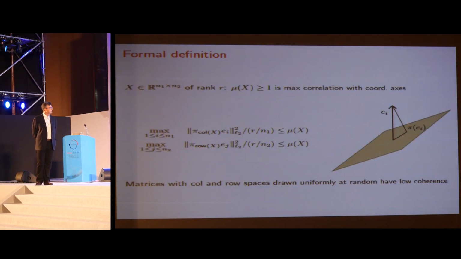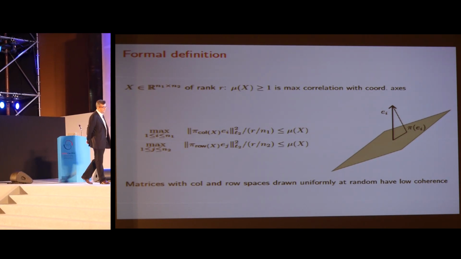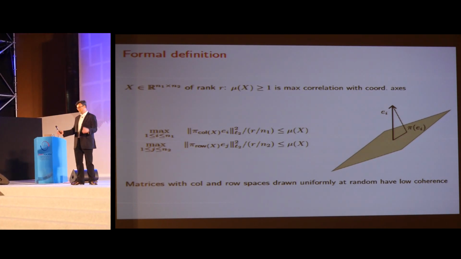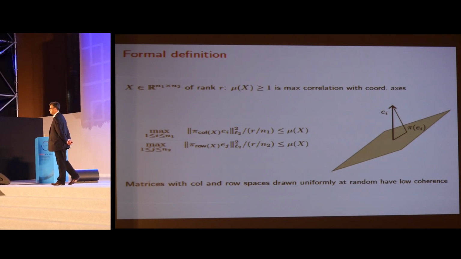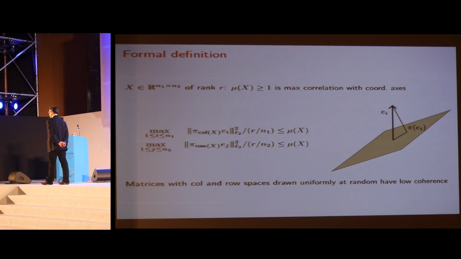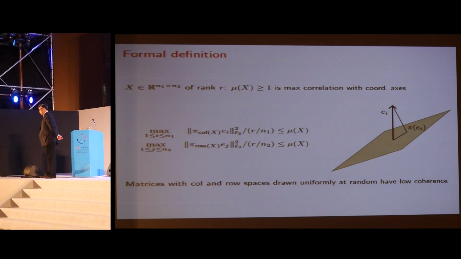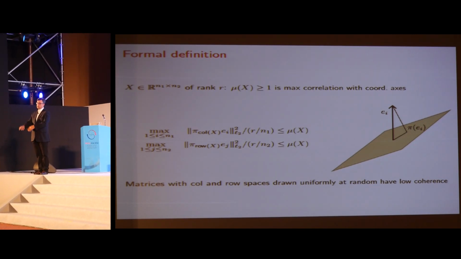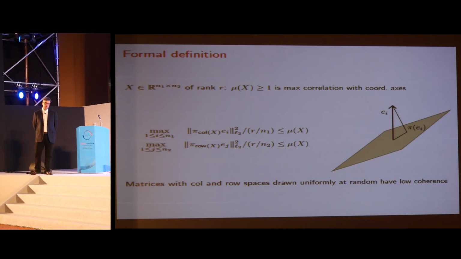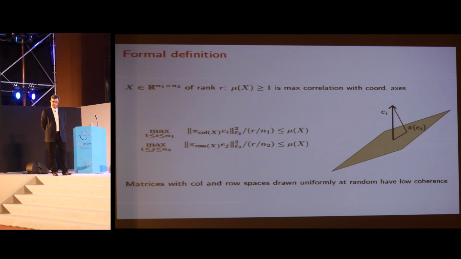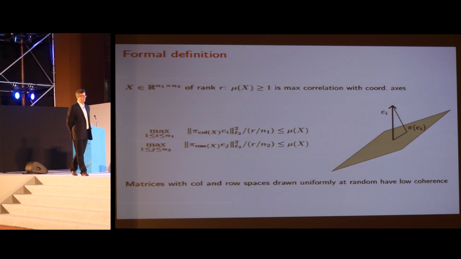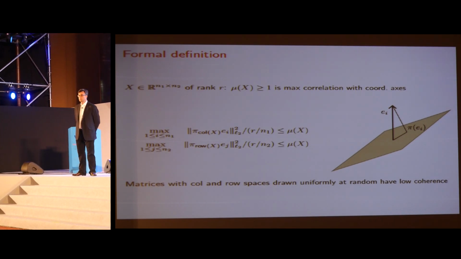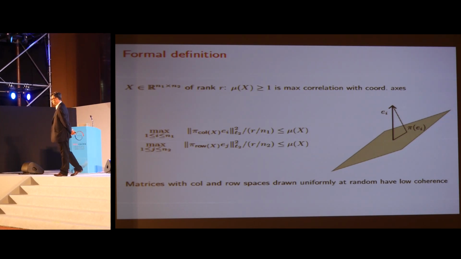So we can define a similar notion of incoherence, which is basically the maximum correlation between the column space and the row space of your matrix and the canonical vectors. If the column space and the row space are away from the coordinate axes, we have low coherence. If they are very aligned with the coordinate axes, we are in a high coherence situation, and we know that completion is going to be difficult.